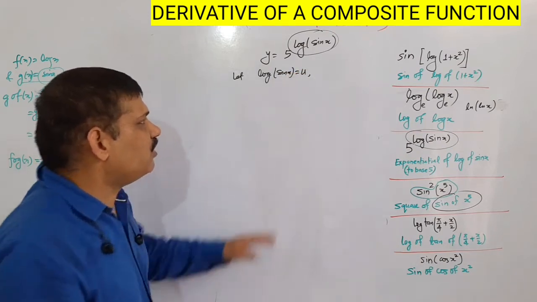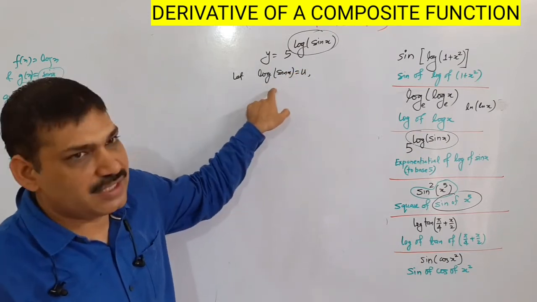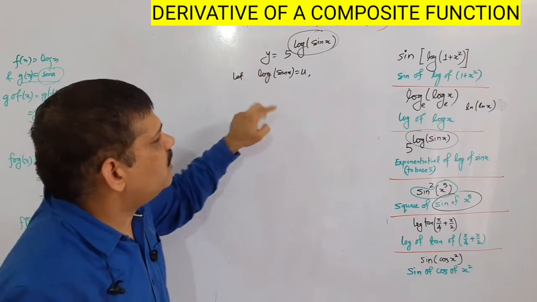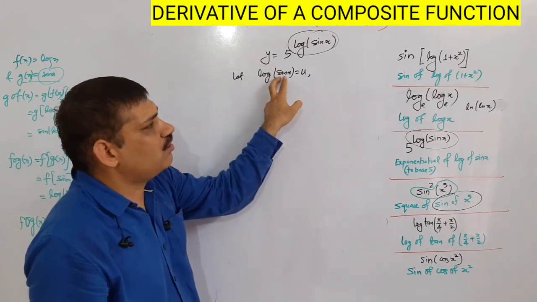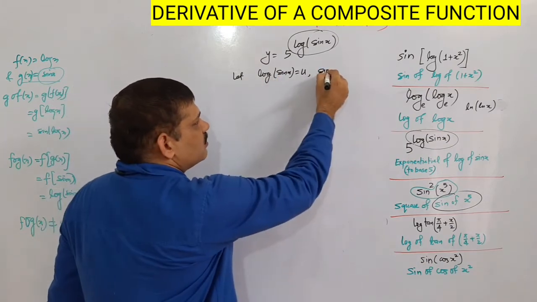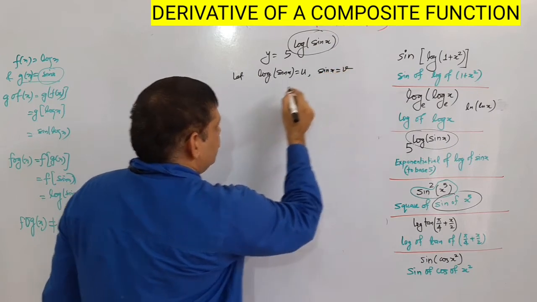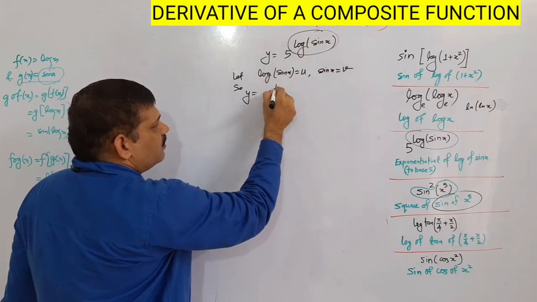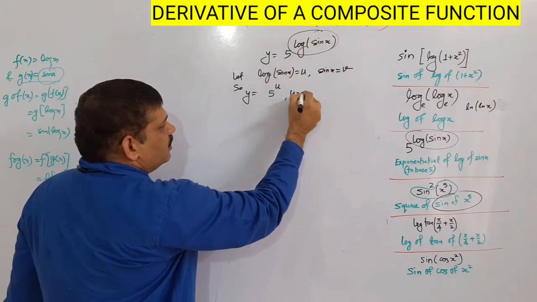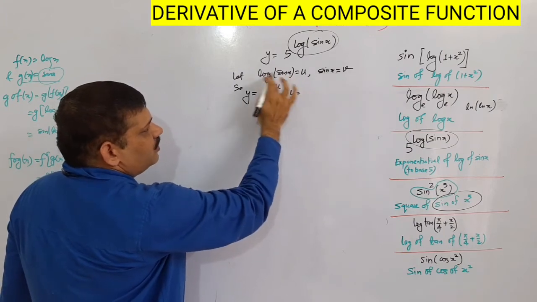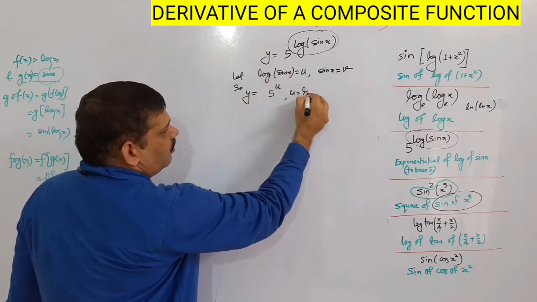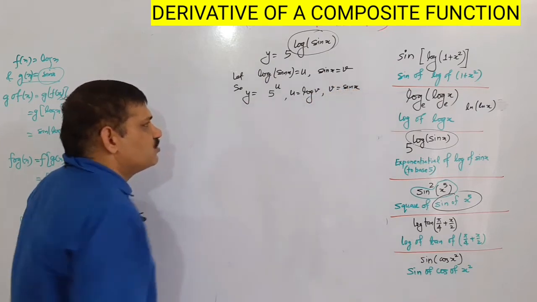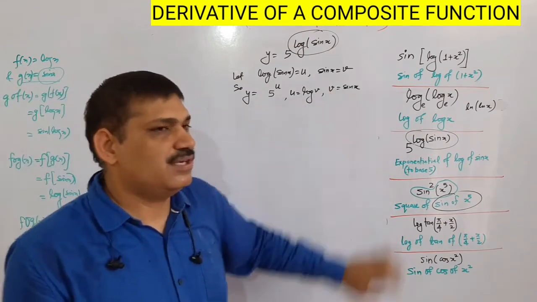We do not have any formula for derivative of log of sine x. So it will again be read as a function of function. Log of sine x. Log of a variable. Log of what? Log of sine x. So this sine x will be treated as v. So now y becomes 5 raised to u. If I use sine x is equal to v, then u is equal to log v, and the last v is actually sine x. So y depends on u, u depends on v, and v depends on x.